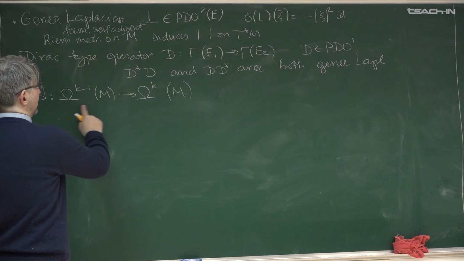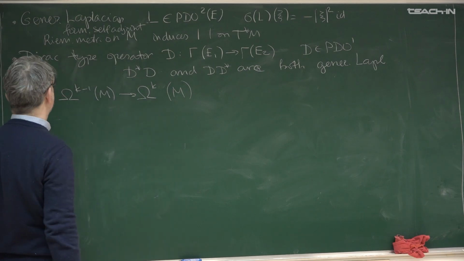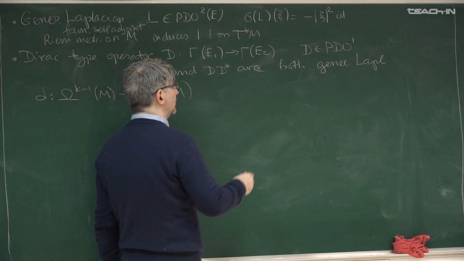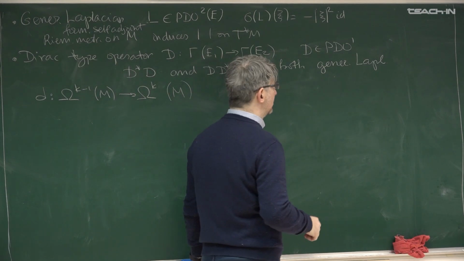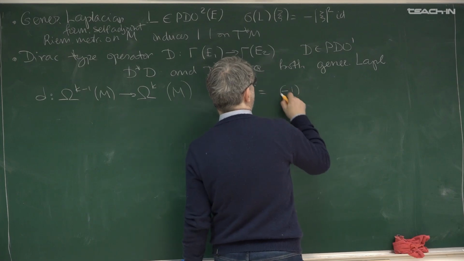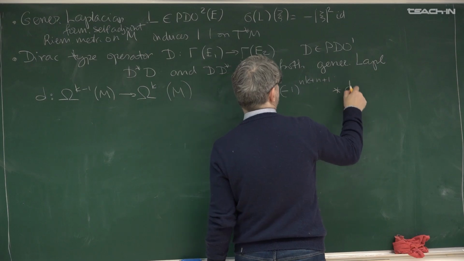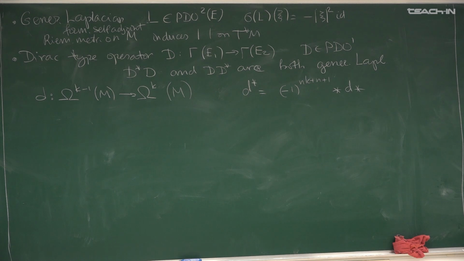So this is sections of something, and these also are sections of something. And this operator has a formal adjoint d star, which can be written in the form (-1)^(nk+n+1) Hodge star d Hodge star. We checked this on exercises this Friday.